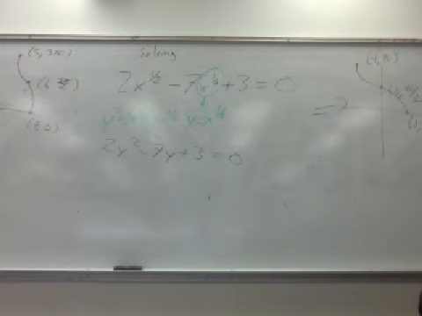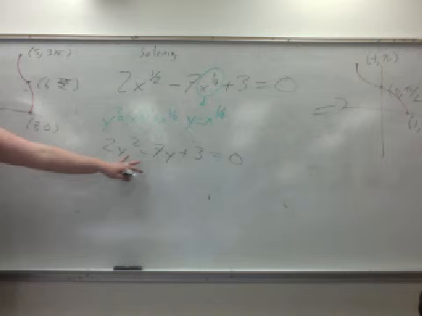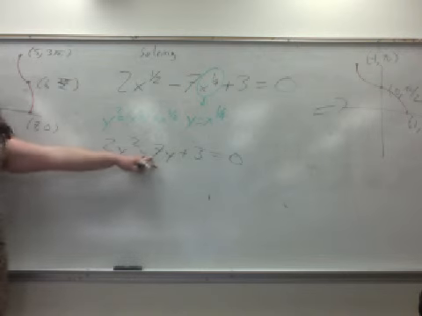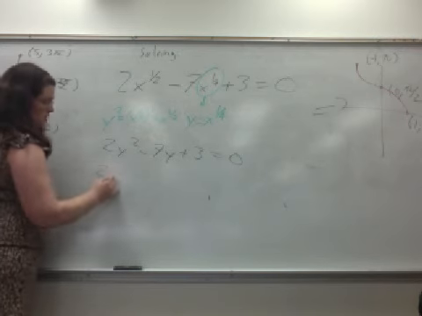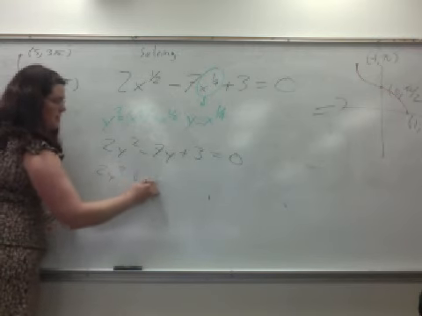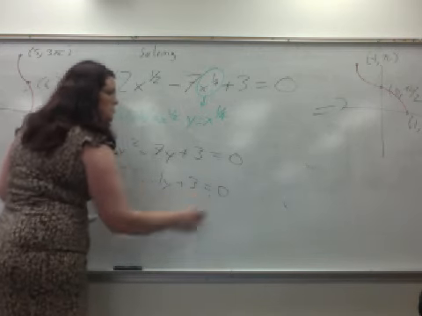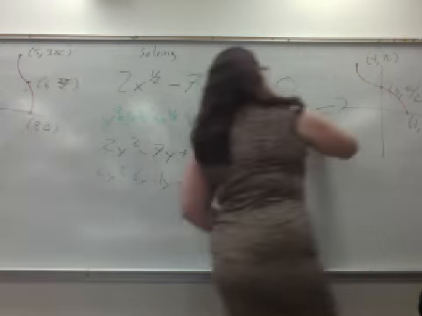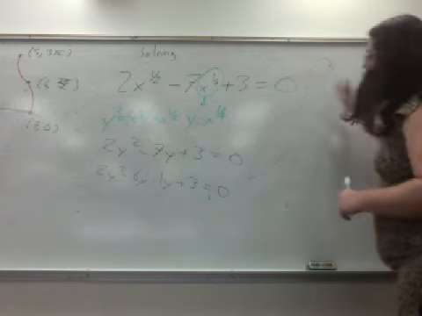And then we need to factor that thing. We multiply the first term by the last term. That gives you 6. We want two things that multiply to 6 and add to negative 7. That turns out to be negative 6 and negative 1. So we'll have 2y squared minus 6y minus 1y plus 3 equals 0. And then we've got to solve that.